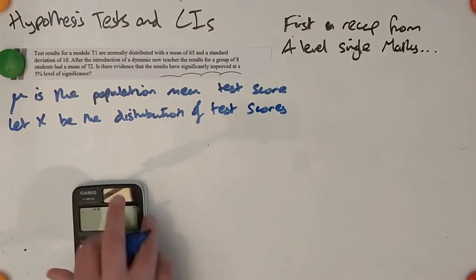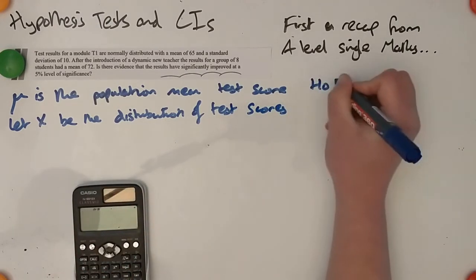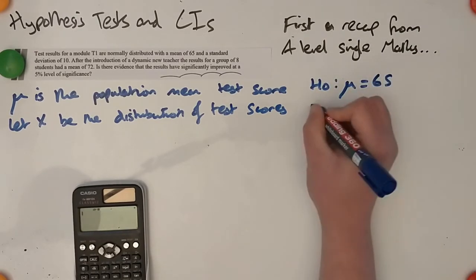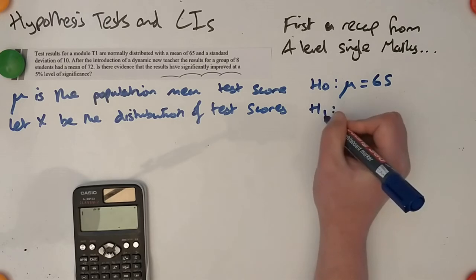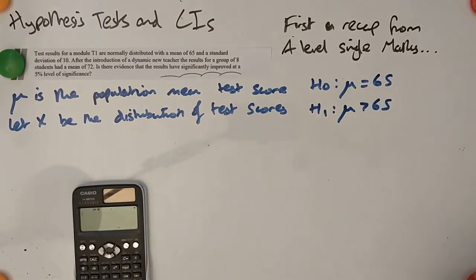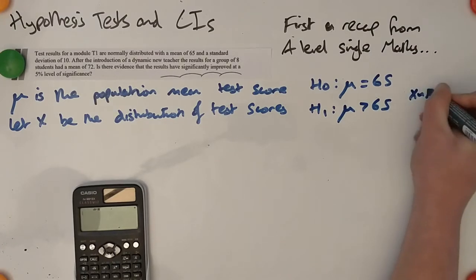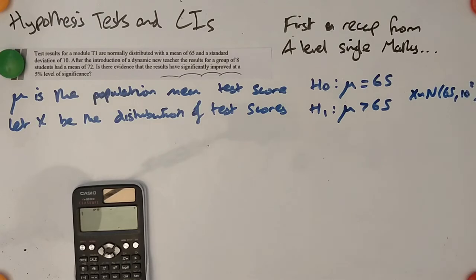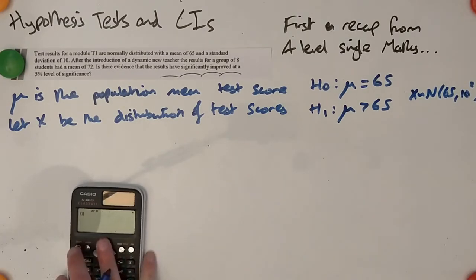Then we have H0 is always mu equals the original, so mu equals 65. Here I'm doing a one-tailed test because I'm seeing if the teacher has improved the score, so mu is bigger than 65. And my distribution is x is normally distributed with 65 and 10 squared. Yeah, because the standard deviation is 10 and the mean is 65.